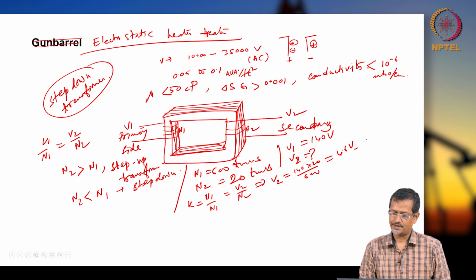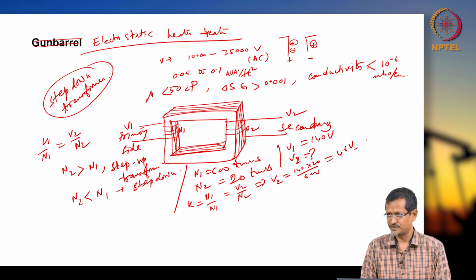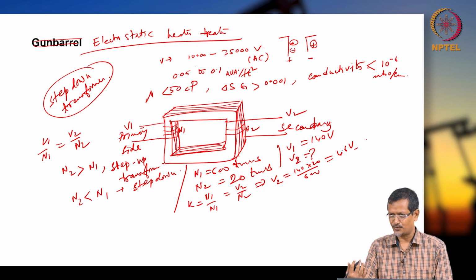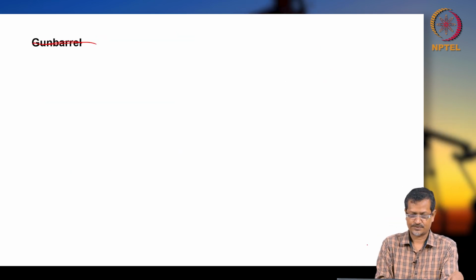Initially I had 140 volt, it became 4.6 volt. So step down happened, because the number of turns changed from 600 to 20.